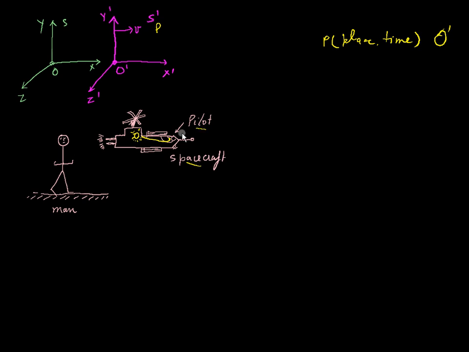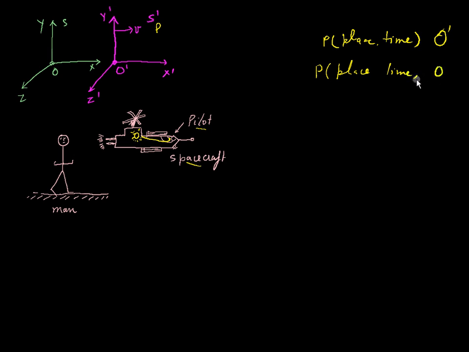Now the same event, if it is observed by the observer O, it means this man has seen the event and he will define this event in his frame of reference. That means he will tell this event happens at this place and at this time.